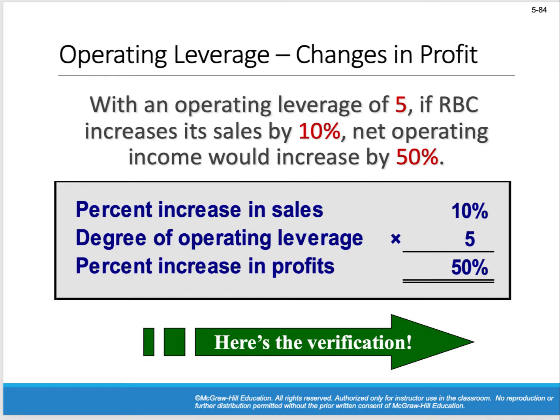So let's look at it this way. We have an operating leverage of 5. If RBC's sales increase by 10%, net operating income would increase by 50%, right? So we could say it's very, very sensitive, right? That net operating income is very sensitive to changes in levels of activity, okay?